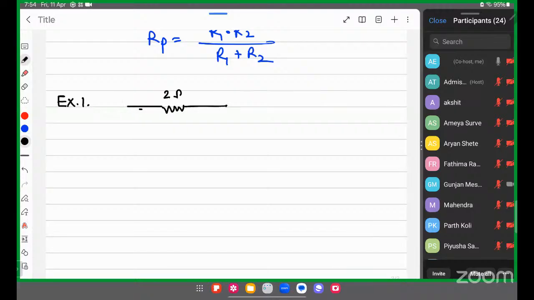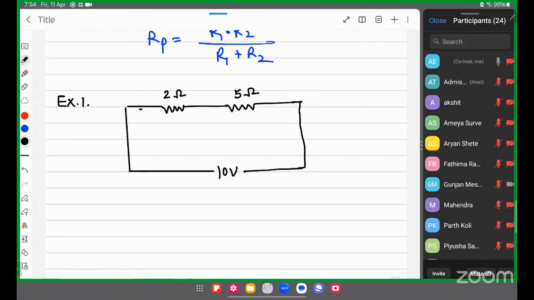This is a resistor with resistance 2 ohm. This is with 5 ohm. And here we have 10 volt DC current.